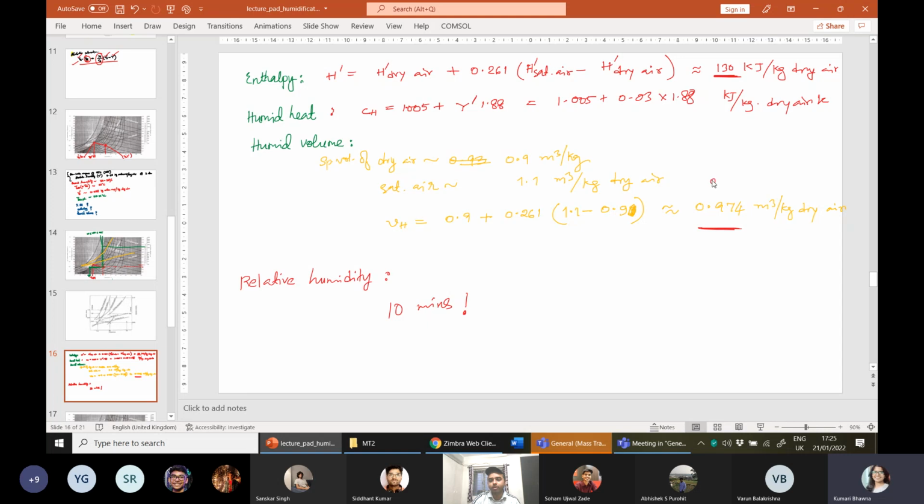I mean, it will be around 0.97, I guess. And relative humidity, please work it out. This will be close to the percent humidity. It may or may not be close, but how will you estimate the relative humidity in this case? Please work it out. Okay, I will give you 10 minutes for this to think and to work it out possibly.